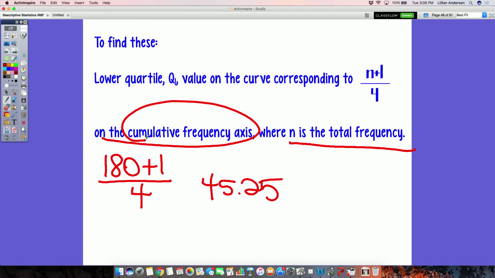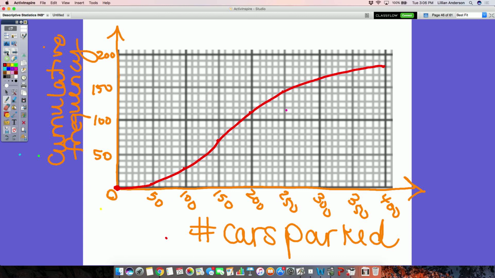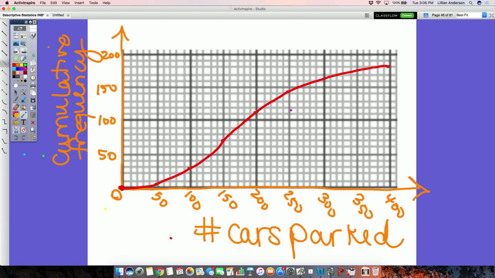So how do you find it? You take 45.25, you go back to your curve, and this is what you do. 45.25, that's about halfway in between 40 and 50, right? What we're going to do is draw a horizontal line at about 45.25 to see where it hits your curve.